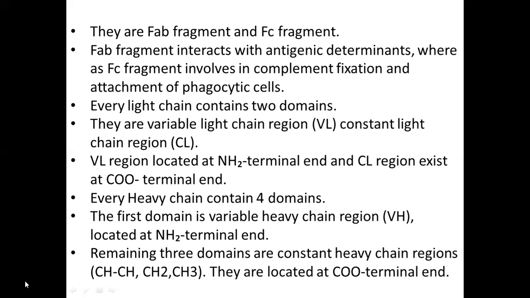This is a mistake there. Yeah, this is all a mistake. It will be having CH1, CH2, and CH3, so three constant regions. Done? So yeah, this is all about the structure of immunoglobulin or structure of antibody molecules.